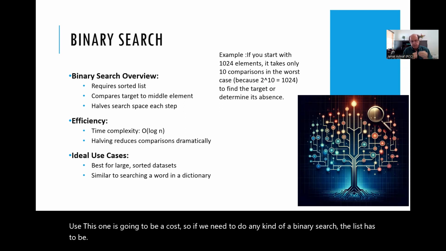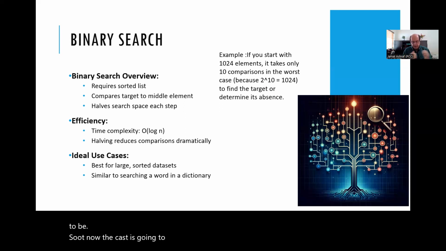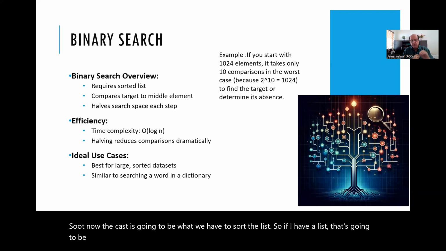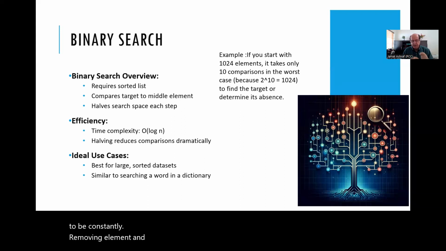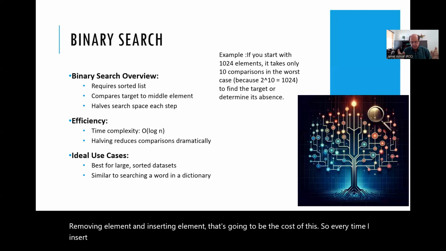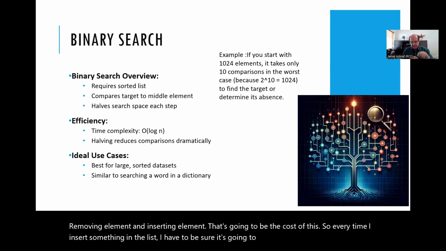Now, the cost is going to be what? We have to sort the list. So if I have a list that's going to be constantly removing element and inserting element, that's going to be the cost of this. So every time I insert something in the list, I have to be sure it's going to be inserted in a correct position.